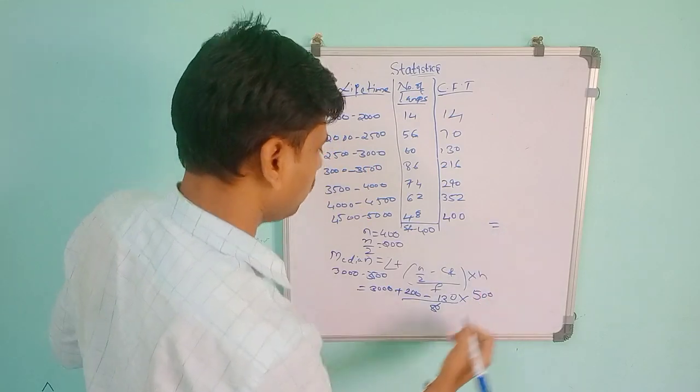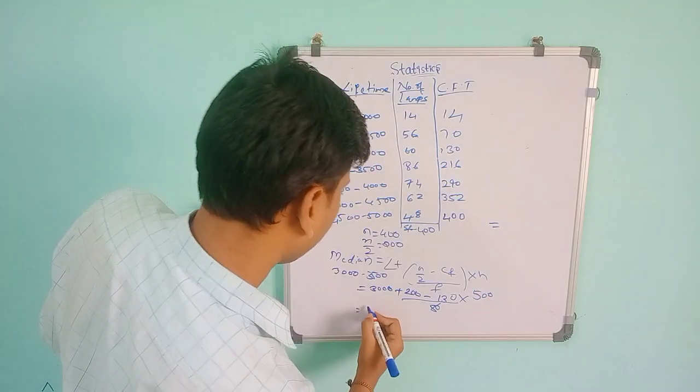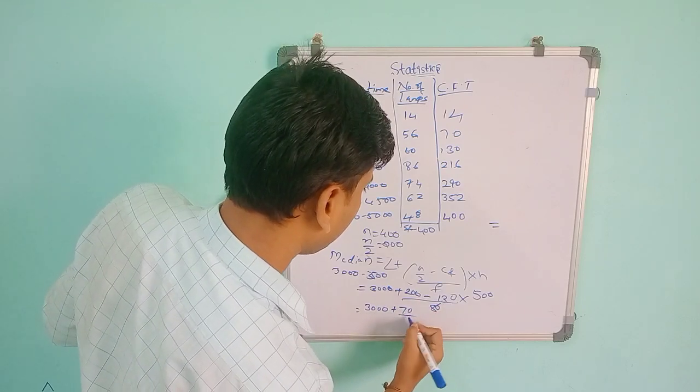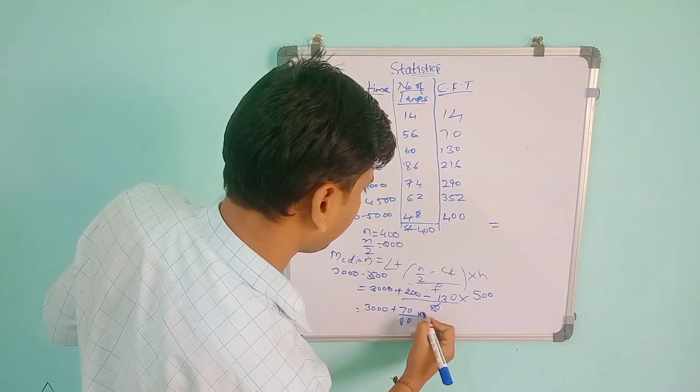So this will give 3000 plus 200 minus 130, which is 70, divided by 86 into 500.